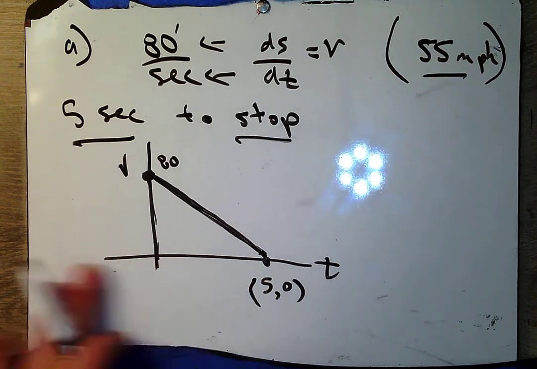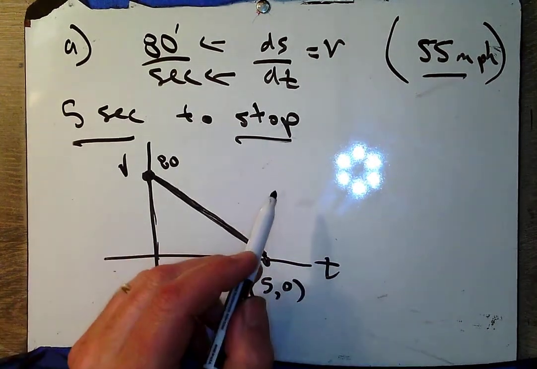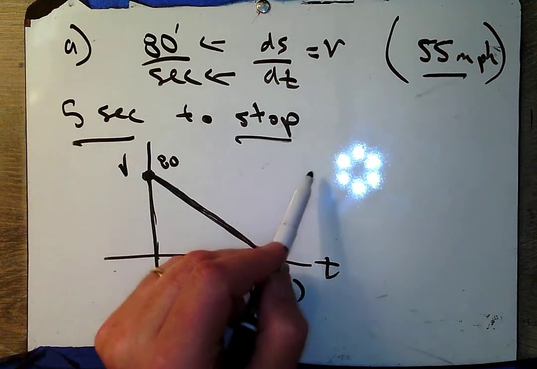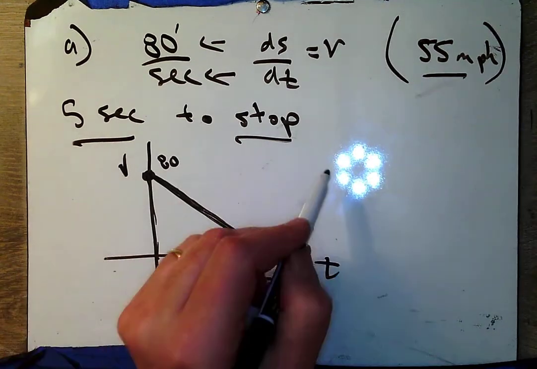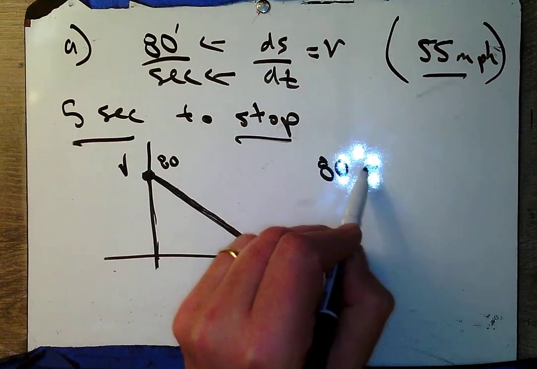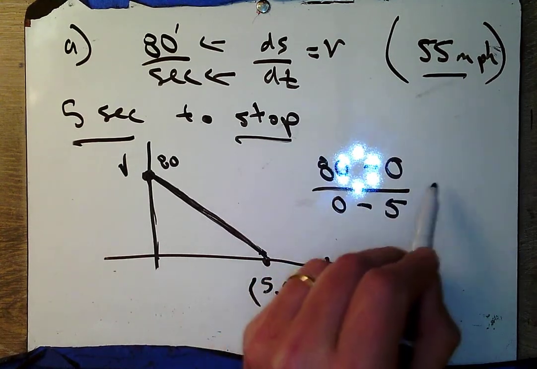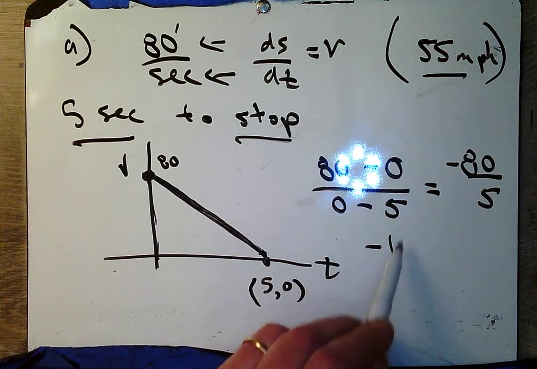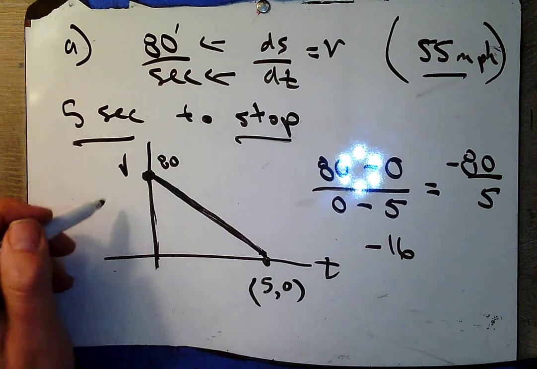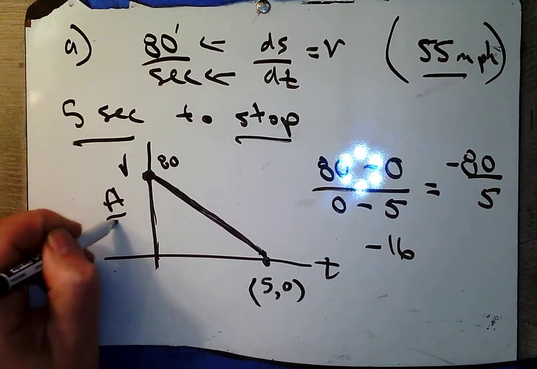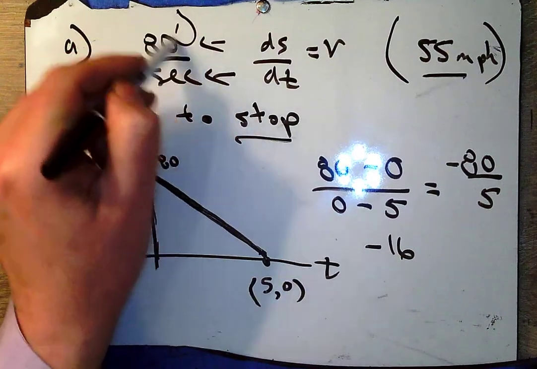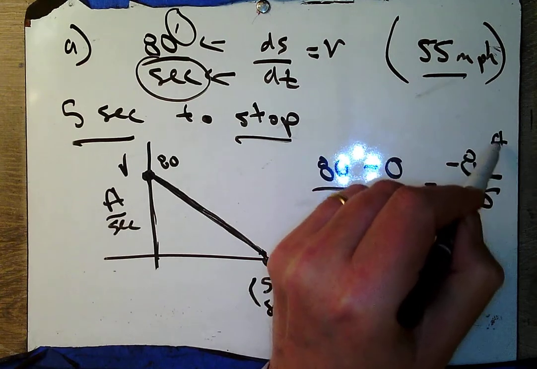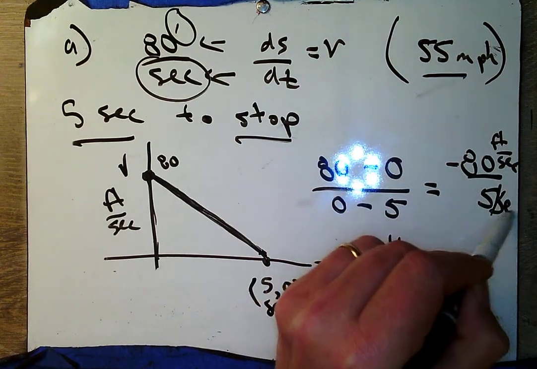What is that rate? Well, in fact, that's the first question. And it turns out the answer to the question, what's your acceleration, is that we're going to use 80 and 0 and 0 and 5 and end up with negative 80 over 5 or negative 16. Now think about the units. The units here are feet per second, and the units here are seconds.